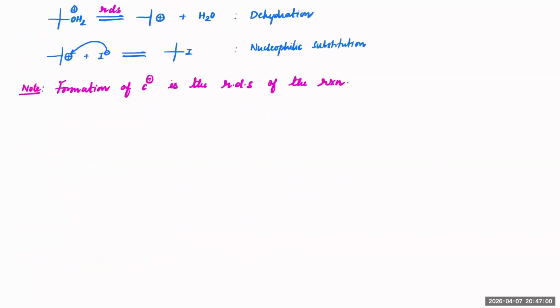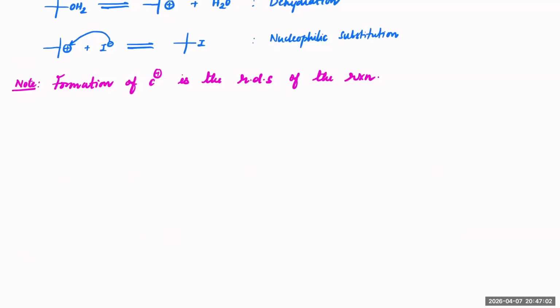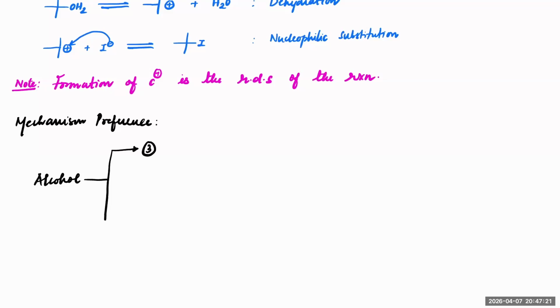Now, notice what is the preferred mechanism here. Mechanism preference: if you take an alcohol, there are three types of alcohols we know.